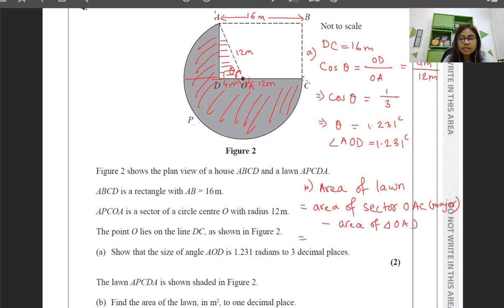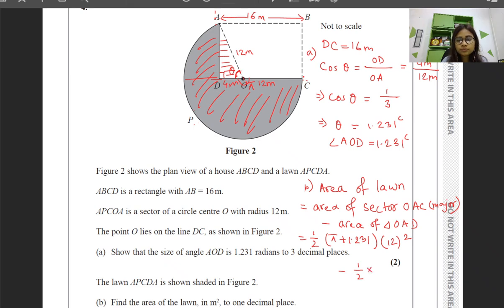So what is the area of the sector OAC? We know the formula, that is half theta r square. So it will be half, theta is pi plus 1.231, r is 12, so 12 square, minus area of triangle. So basically that's half into the base is OD and the height is AD.